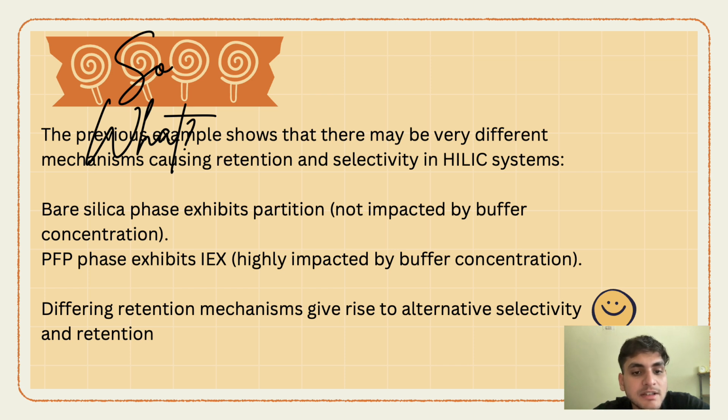Differing retention mechanisms give rise to alternate selectivity and retention. So if the material is different, the mechanism would be different. The bare silica phase mostly functions on partitions, which is interaction between mobile phase and stationary phase, and the PFP phase exhibits ion exchange interactions.